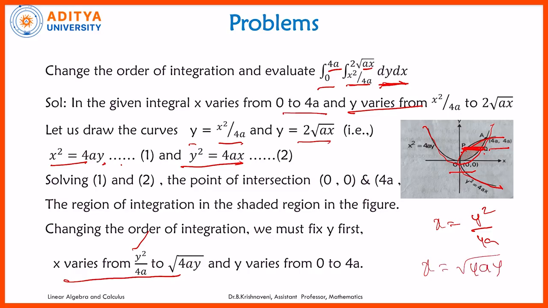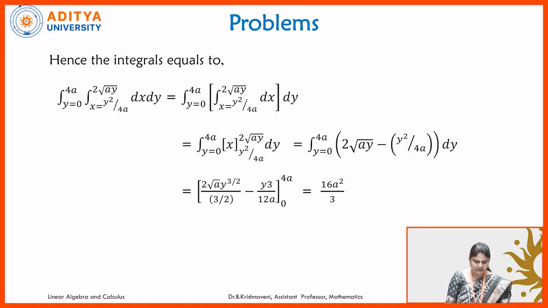And what about y limits, from this point to this point, this is 0, 0 and here it is 0, 4a, hence y varies from 0 to 4a. Hence the given integration is equal to y from 0 to 4a, x from y square by 4a to 2 root ay. Now the order changes to dx dy.